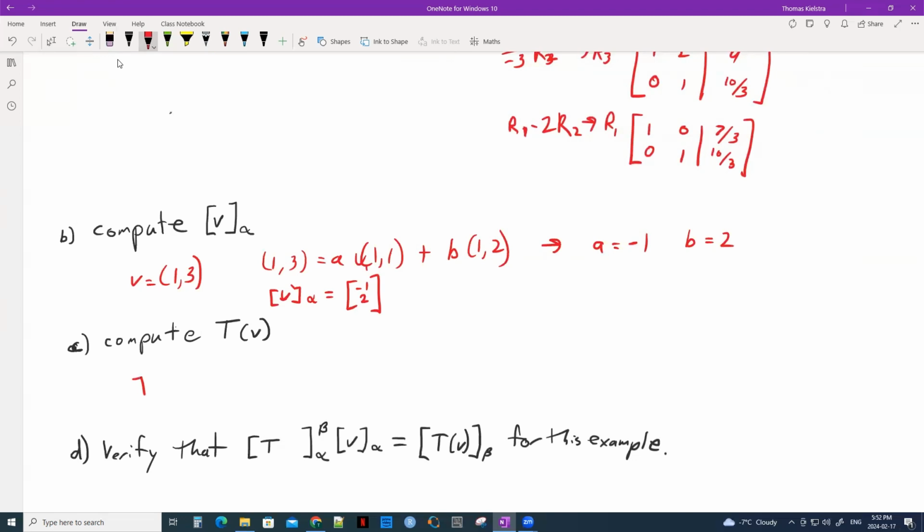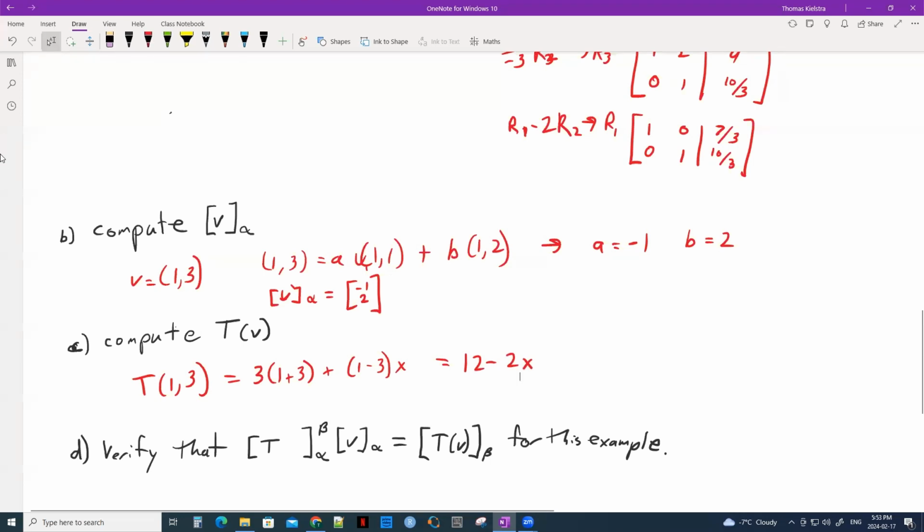Now, what is T of (1, 3)? T of (1, 3) is equal to 3 times 1 plus 3 plus 1 minus 3x, which is equal to 12 minus 2x.